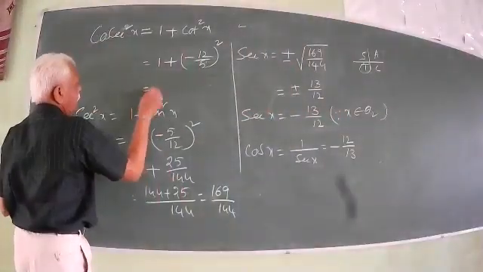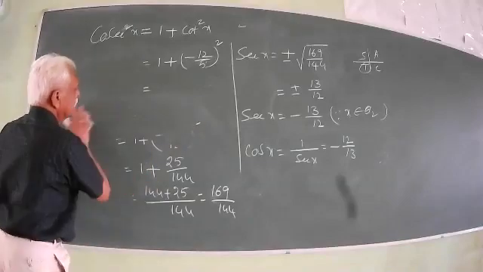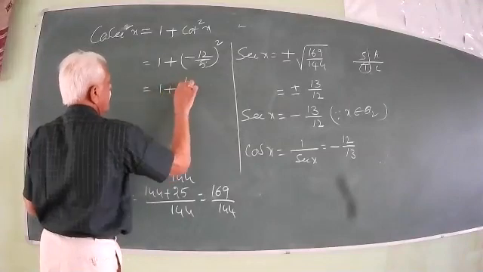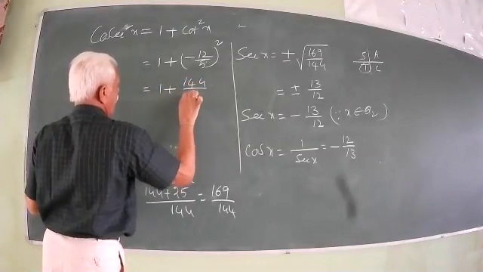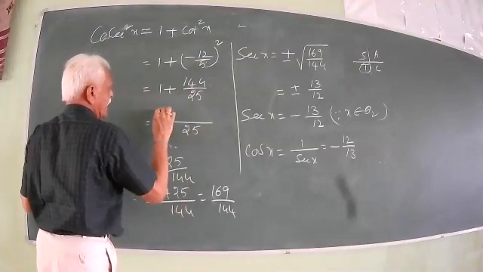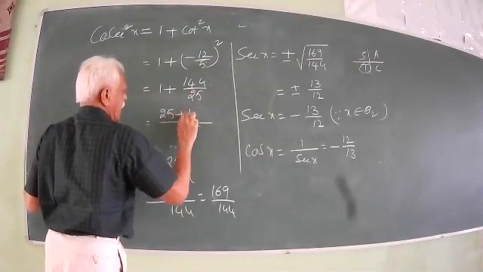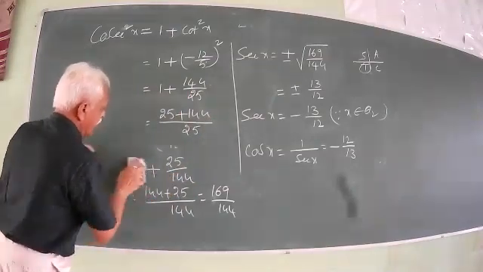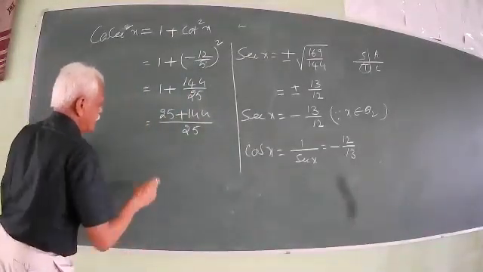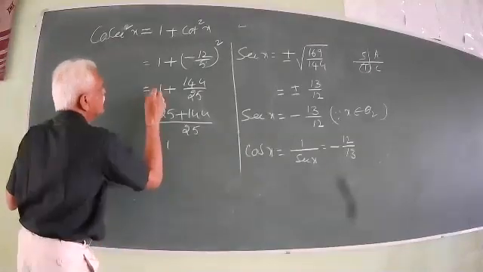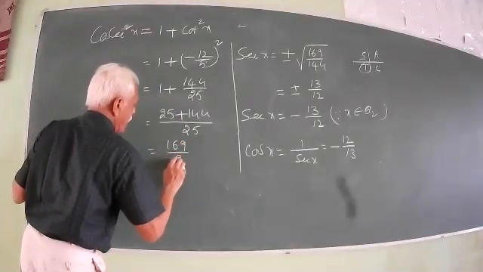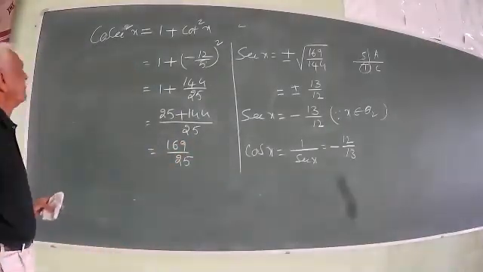This is equal to 1 plus 144 by 25. 25 is the LCM. 25 plus 144 is 169 by 25.